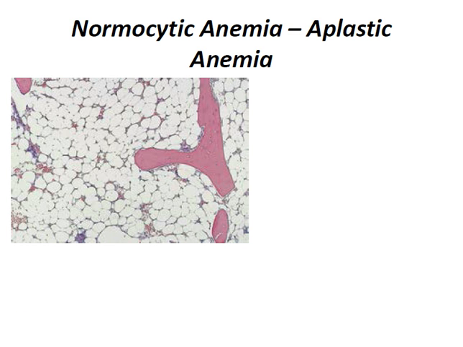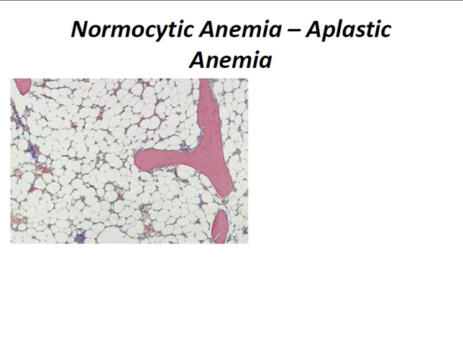So let's talk about aplastic anemia. This is usually from a toxin exposure, which leads to a hypocellular bone marrow, as you can see in the picture.